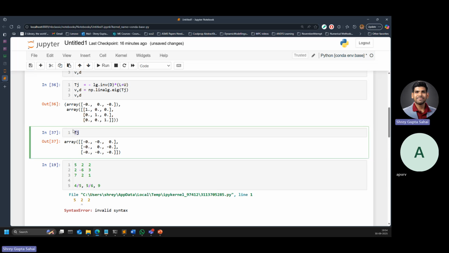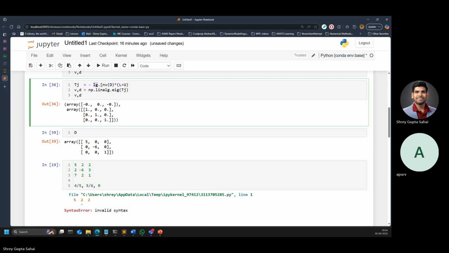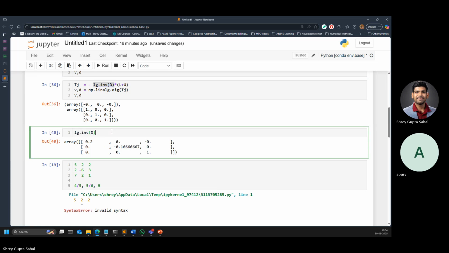What is D? Is D invertible? D is invertible. And L plus U is what?